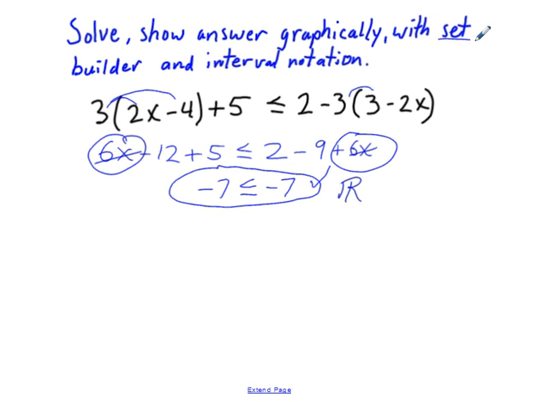And it says set builder notation. Set builder notation is going to be brackets, x such that, and I'll leave myself enough room here, negative infinity is less than x, which is less than infinity.